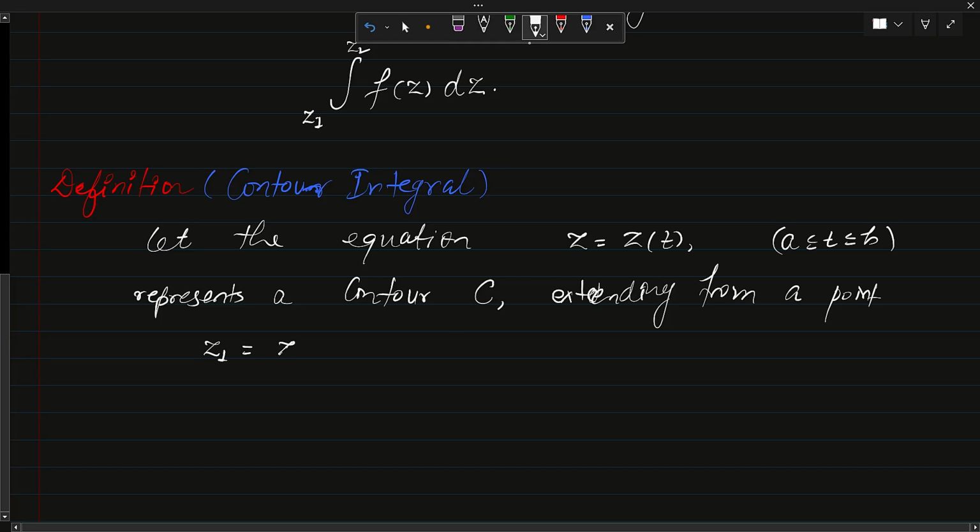So z1 is nothing but the value of this particular equation at t equals a, and z2 is nothing but the value of this function z at b. Okay, this is our first supposition about the contour.